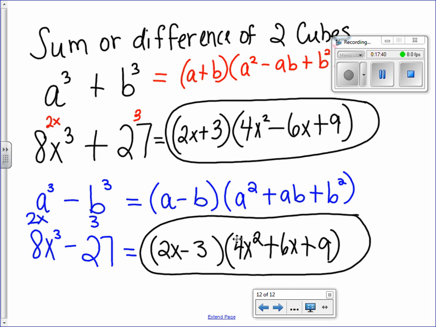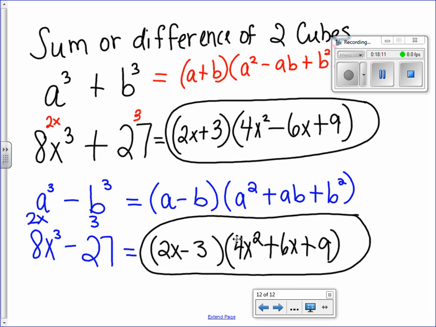Okay, and how are you going to figure these out? Everybody know? Memorize and recognize. You have to memorize the formulas, and you have to recognize that they're the sum or difference of two cubes. Because when we do our actual test, or when we start finding zeros of polynomials, it's not going to be just there.